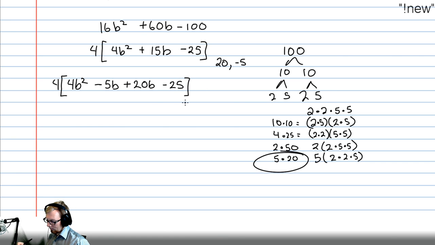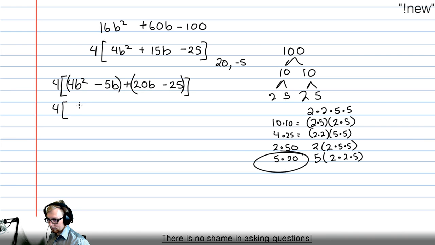Okay. You group off 4b squared and 5b, and 20b and minus 20. Your 4 stays on the outside. Good. You have the bracket.